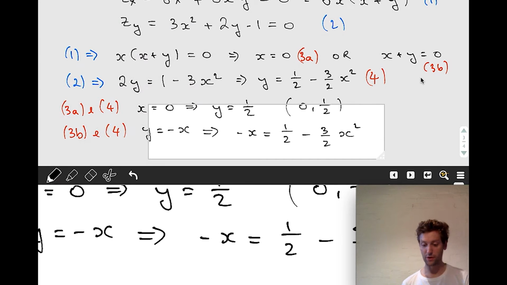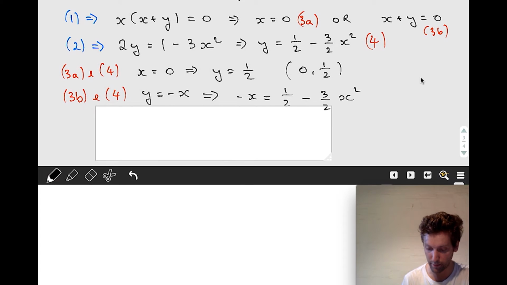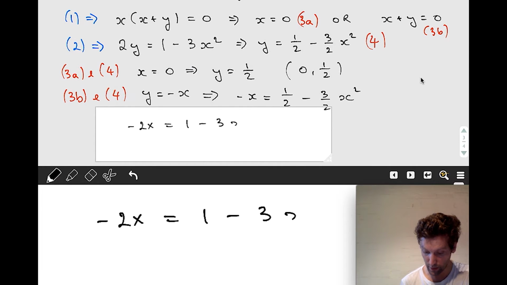It's a quadratic expression. So let's solve that quadratic. I have to multiply up by the 2 again. So that's going to give me minus 2x is equal to 1 minus 3x squared. Bring that 3x squared over to this side.